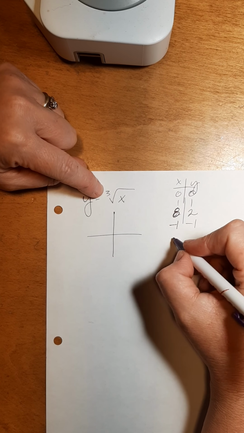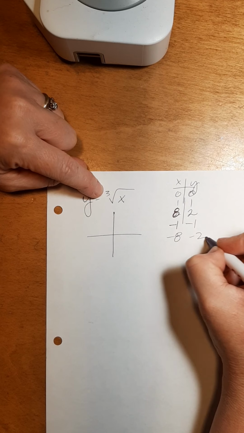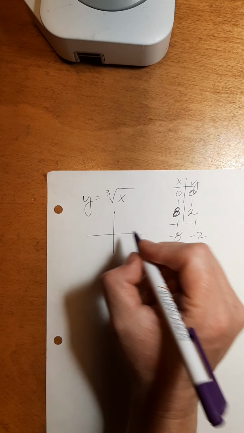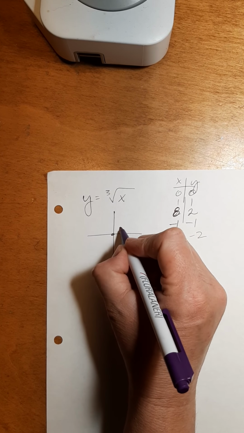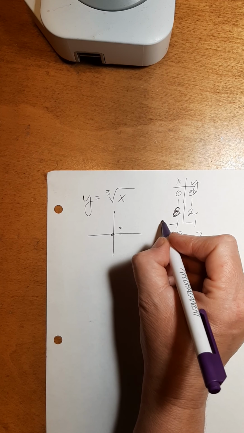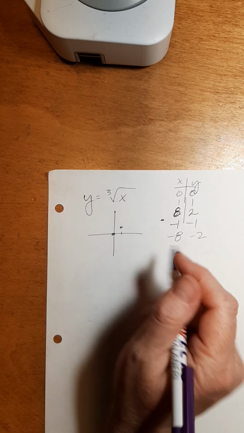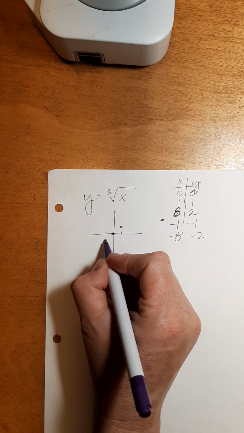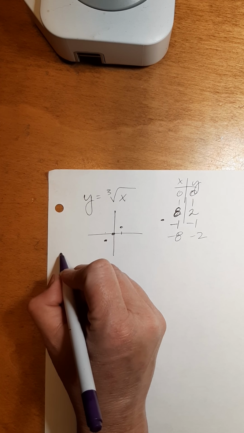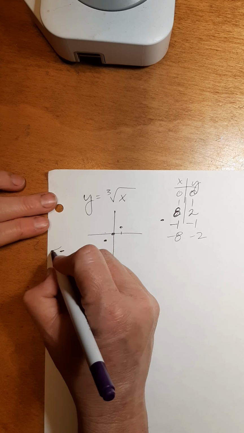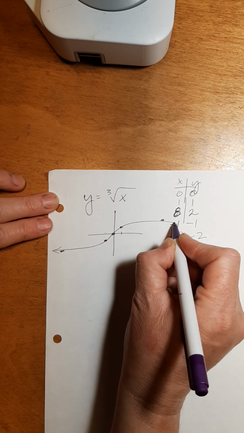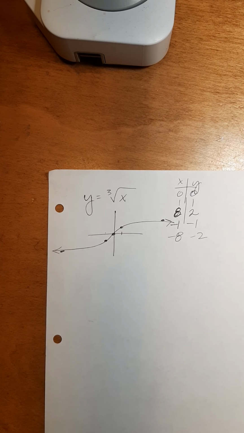Cube root of negative 8, negative 2. So notice what's happening. 0, 0, 1, 1, way over here, 8, 2. But then negative 1, negative 1, negative 8, negative 2. So a cube root makes a nice little squiggle.